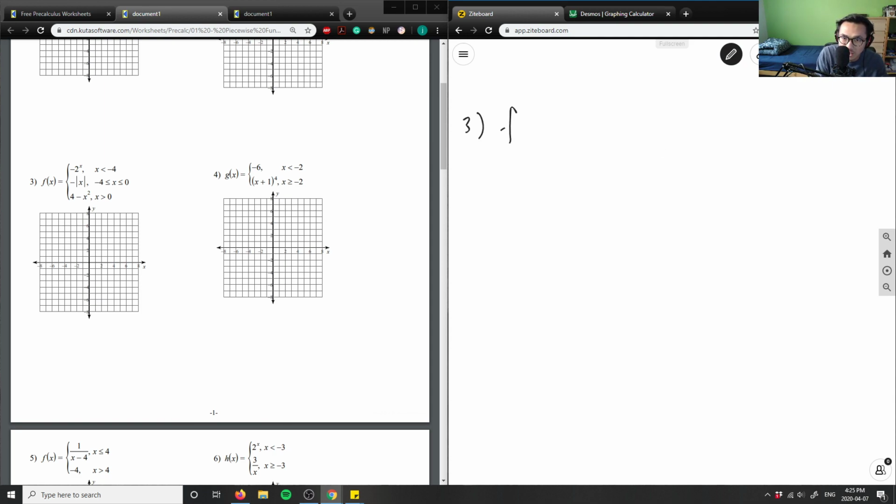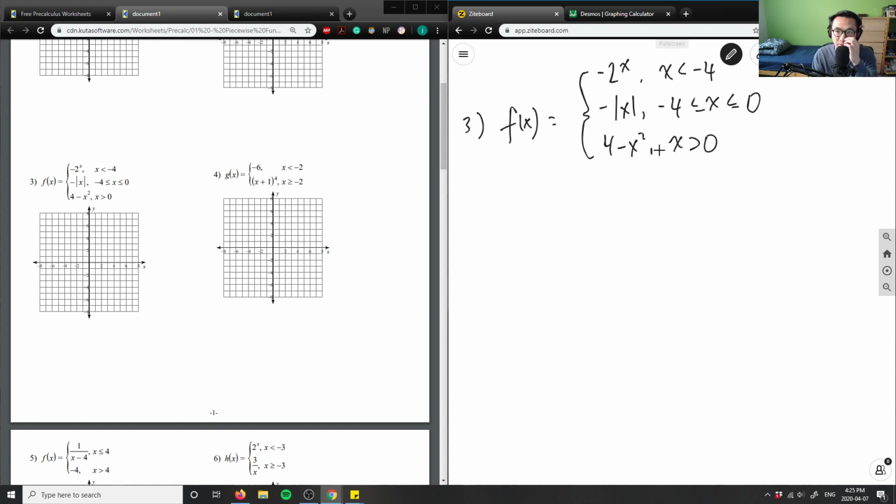So this is the piecewise function: negative 2 to the power of x if x is less than negative 4, and then negative the absolute value of x if it's between negative 4 and 0, and then 4 minus x squared if it's greater than 0.